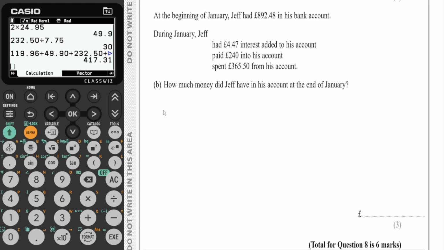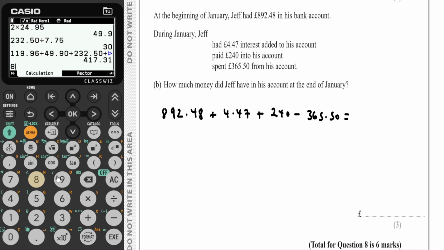So we've got this £892.48, we added £4.47 of interest, then £240 is what we paid, and then we spent £365.50. So let's work all of this out.